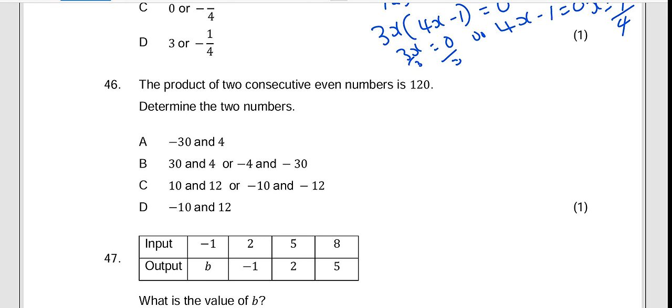Let me proceed to number 46. The product of two consecutive even numbers is 120. Determine the two numbers. So what are those two numbers? Number 46.